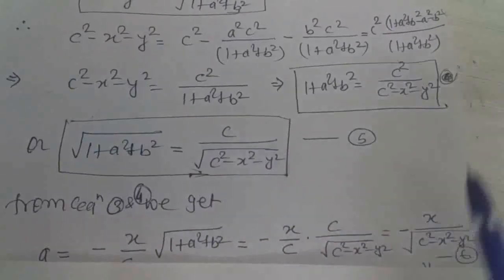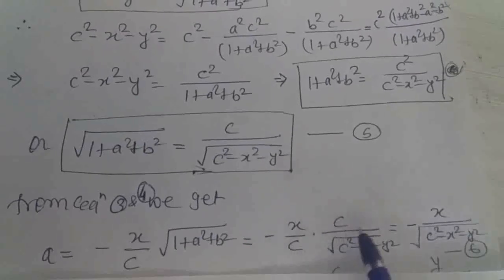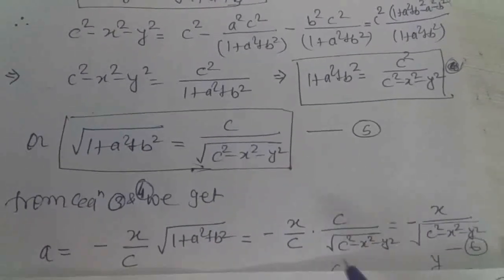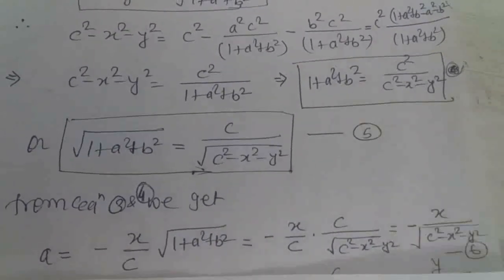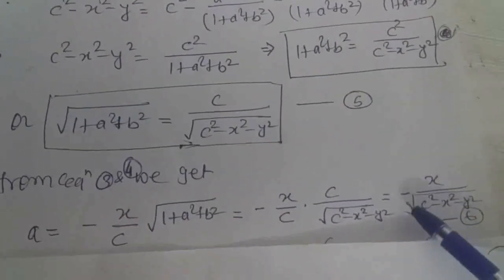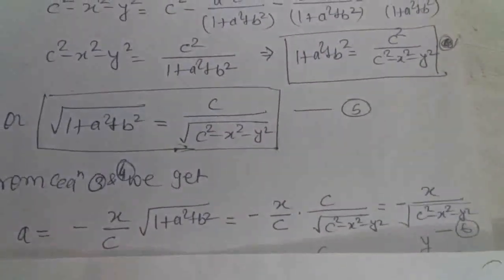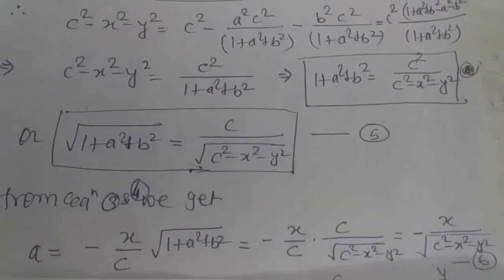Now, using the relation 5, we get minus X by C into C upon square root of C square minus X square minus Y square. C cancels out and we get minus X upon square root of C square minus X square minus Y square.